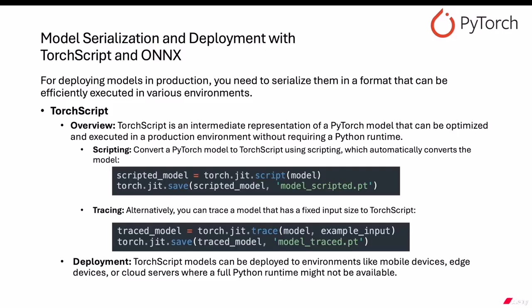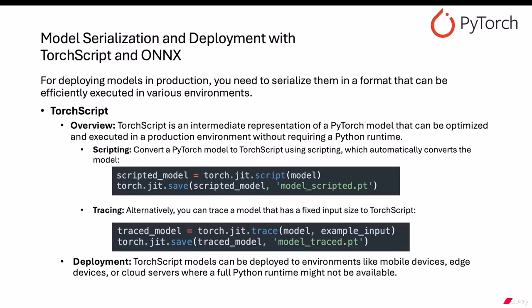Scripting. Convert a PyTorch model to TorchScript using scripting, which automatically converts the model. Scripted model equal to torch.jit.script and pass the model, and torch.jit.save, passing the scripted model and model_scripted.pt. Tracing. Alternatively, you can trace a model that has a fixed input size to TorchScript.